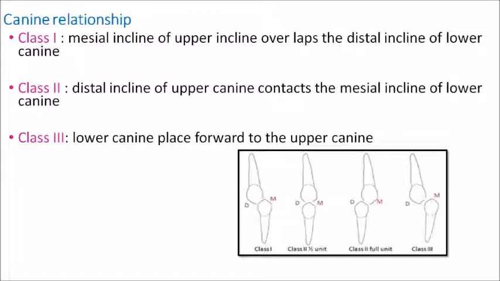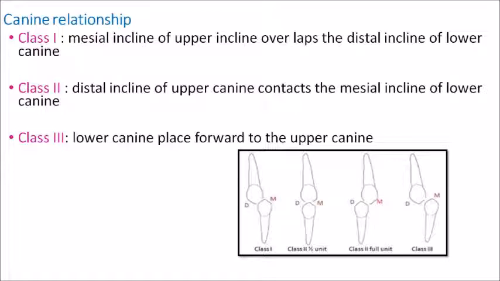Just like what we have seen in molar relationship, canine relationship is also classified as class 1, class 2 and class 3. Class 1 is when the mesial incline of your upper canine overlaps with the distal incline of your lower canine. Please look at the picture and note that.